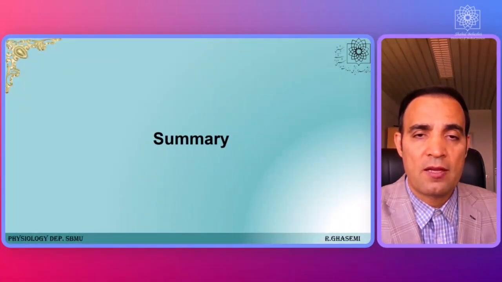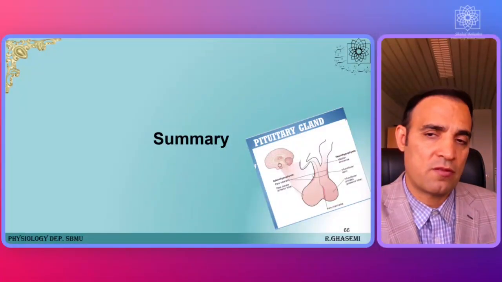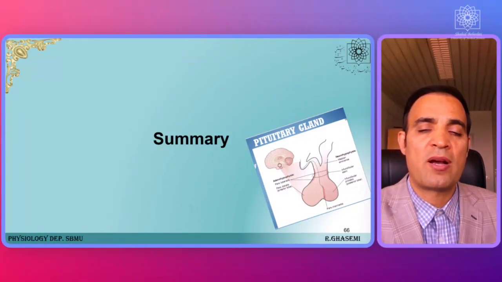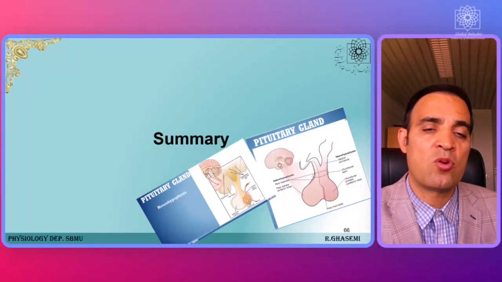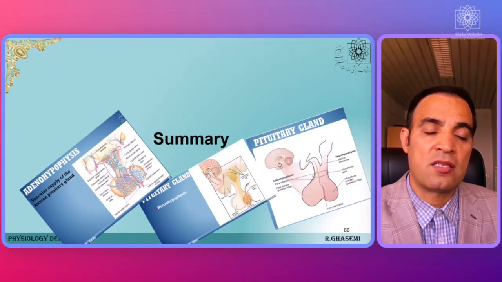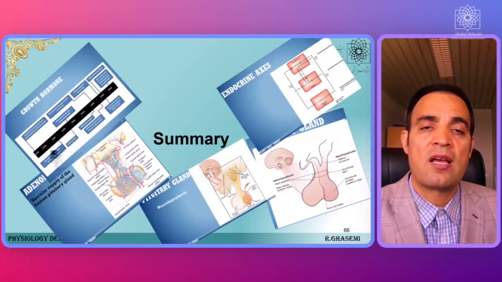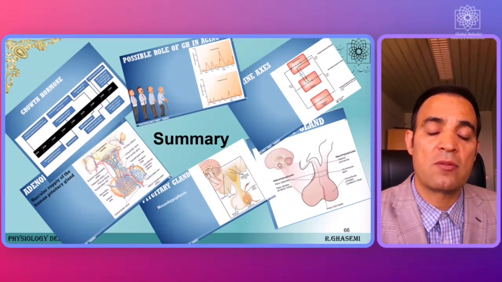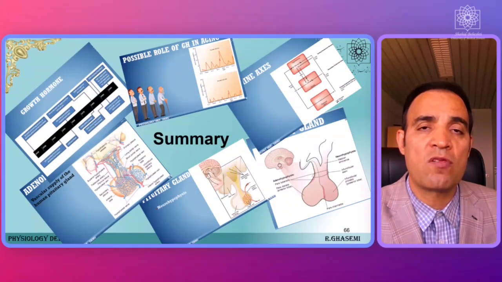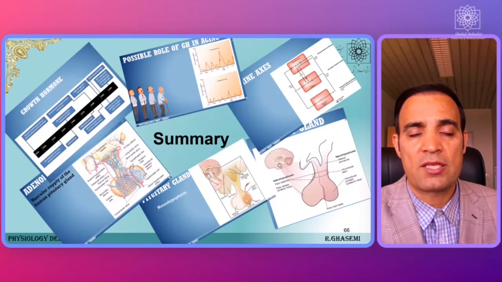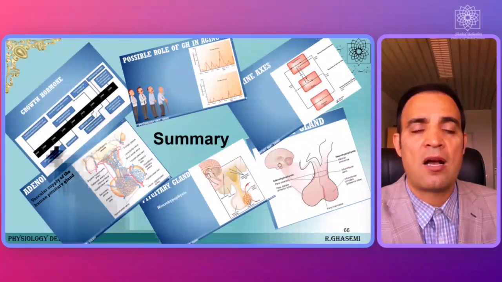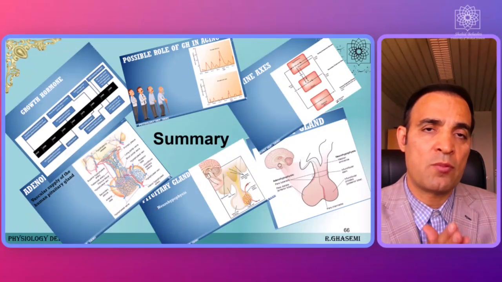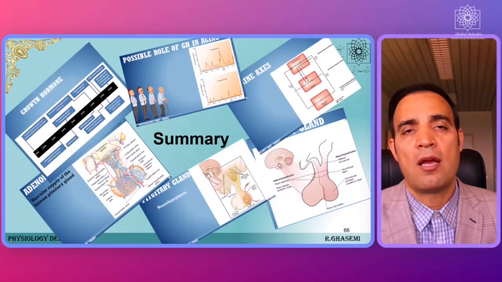And in summary, in these two files that I had with you, I told you about the pituitary gland, about the hormones, about the endocrine axis, the portal blood veins, and then about the hormones that are released from the pituitary gland. Particularly, growth hormone was covered.